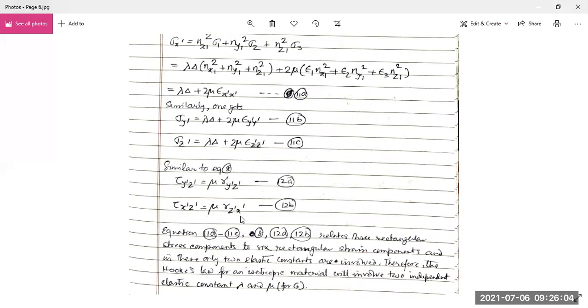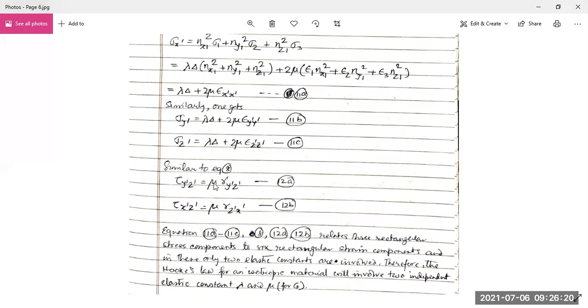So we are getting tau x dash y dash, tau y dash z dash, and tau z dash x dash in terms of the respective shear strains multiplied by the factor mu, which is equivalent to our shear modulus of rigidity itself.